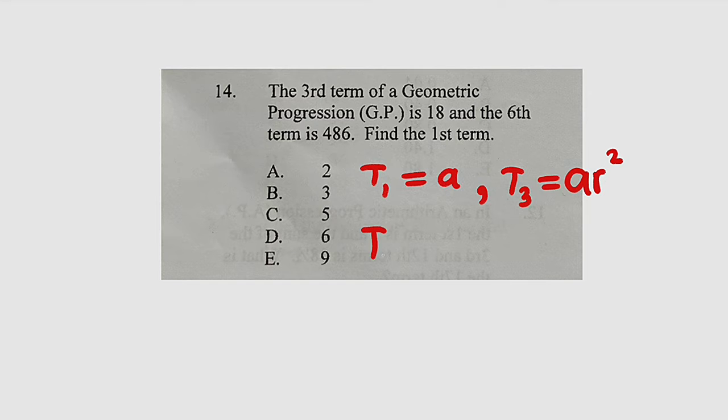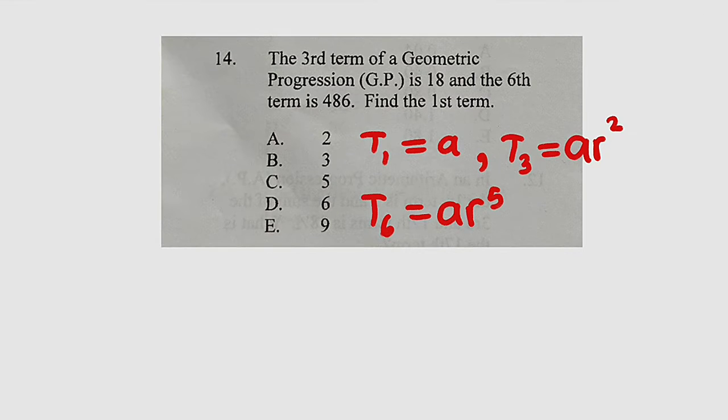And term number 6, which is the sixth term, is equal to AR to the 5th power. But according to the question, term number 3 is equal to 18, while term number 6 is equal to 486. We are asked to find the first term.